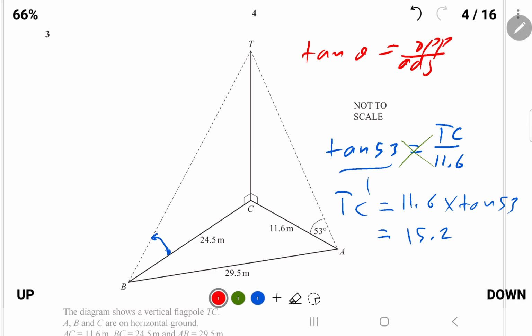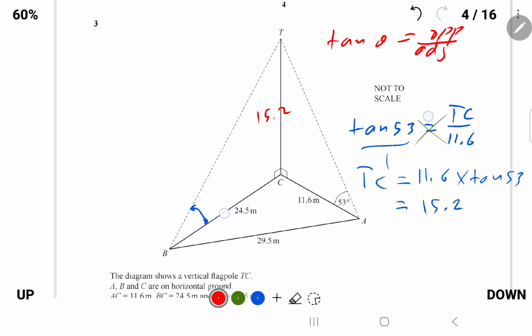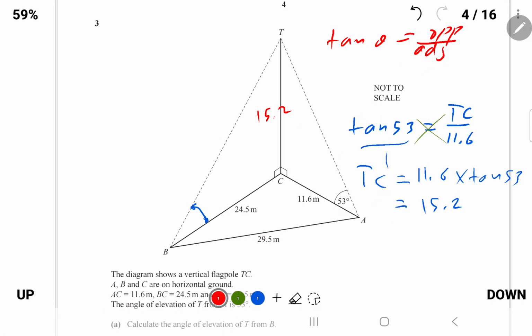So after finding this length, 15.2, now we can find angle B directly also from tan again. So now we can see tan angle B is equal to 15.2, that's opposite, over 24.5, that is the adjacent.